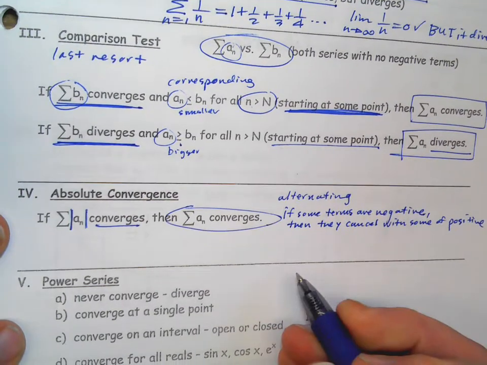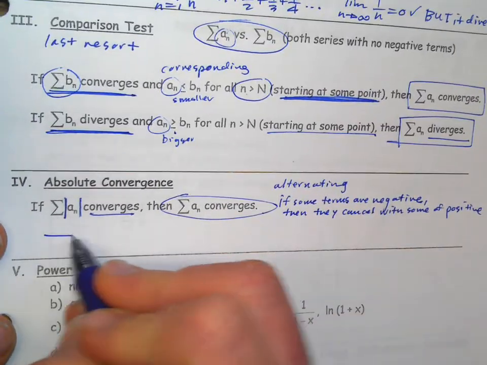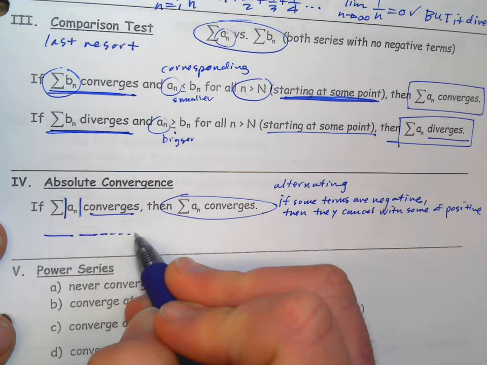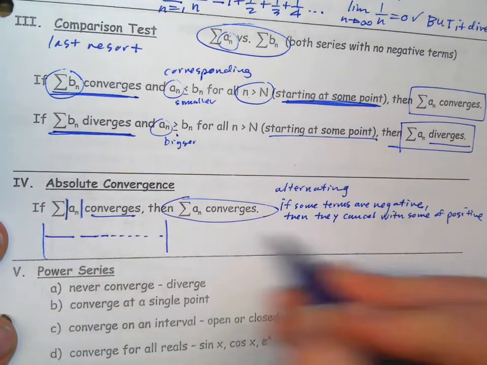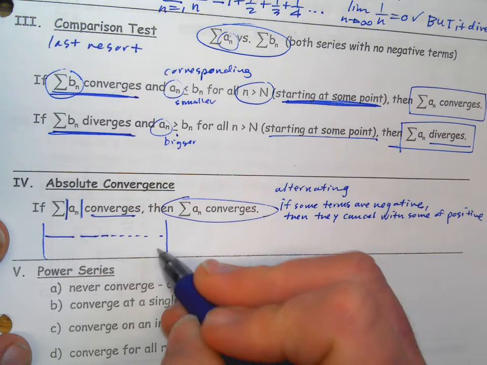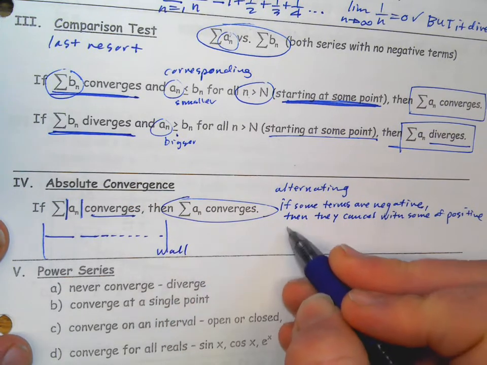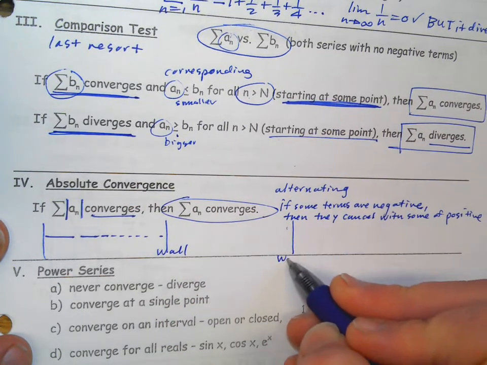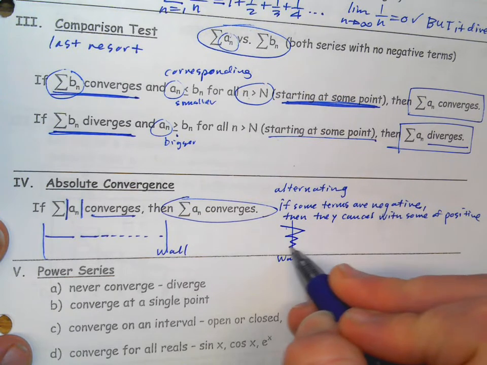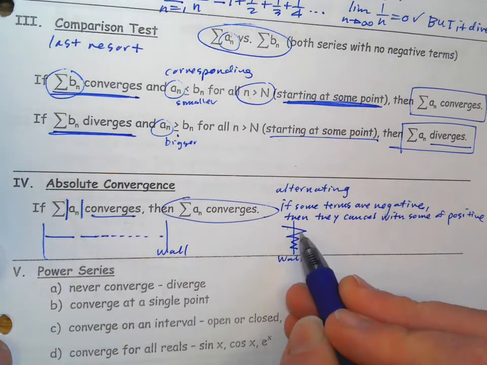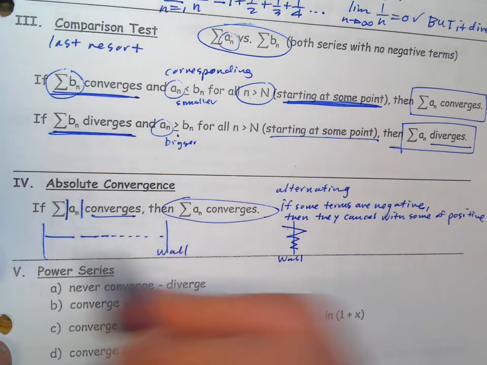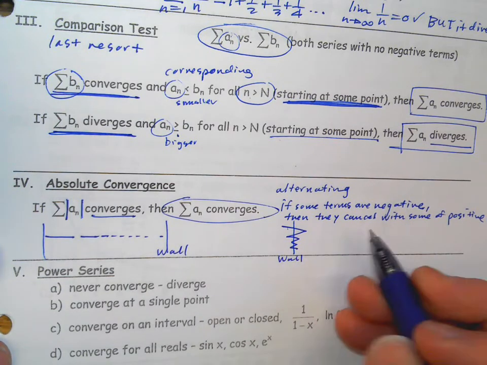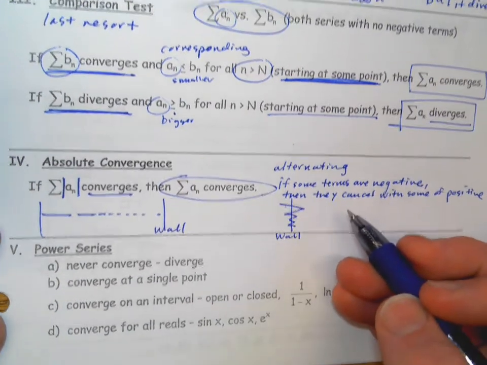So we're saying if this one converges, then if we had one of those that went back and forth like this, well, if you take this and you force them to all be positive and that converges, then the original one has to converge too. Okay. So we call it absolute convergence.